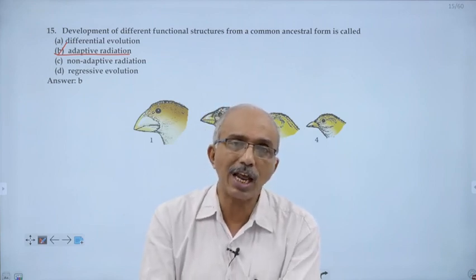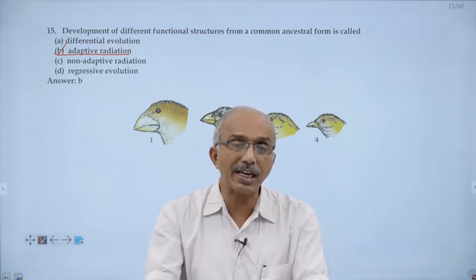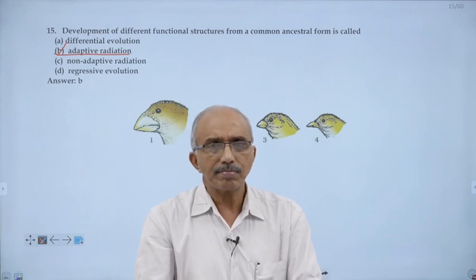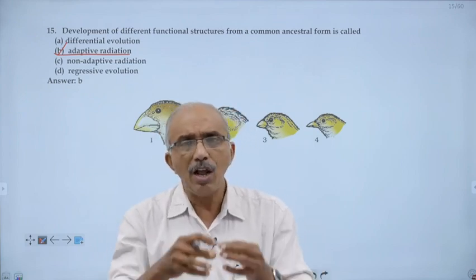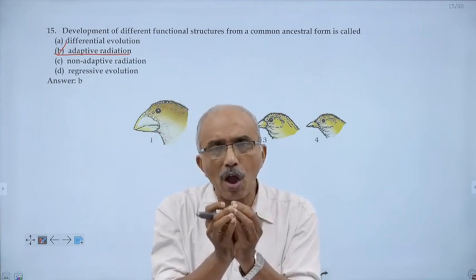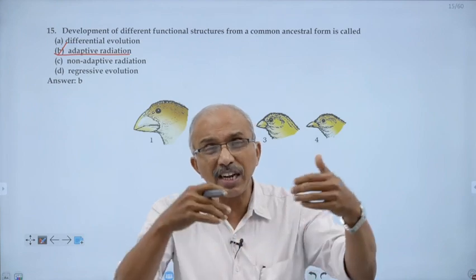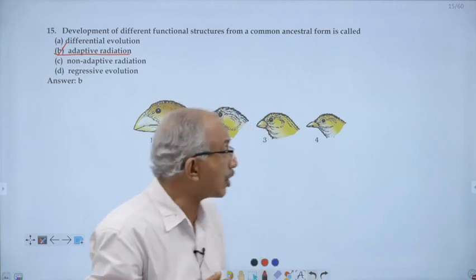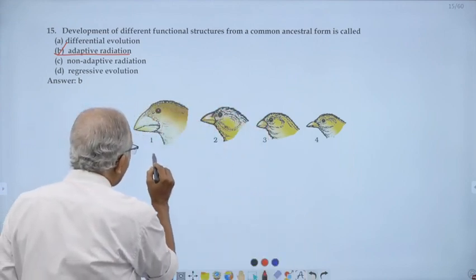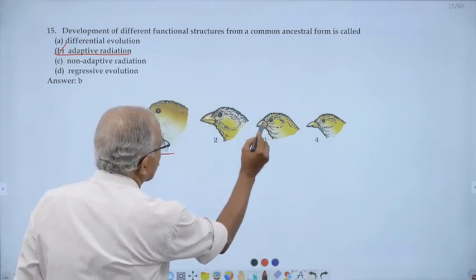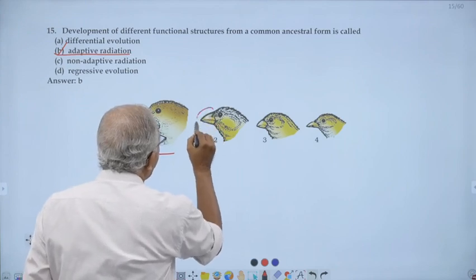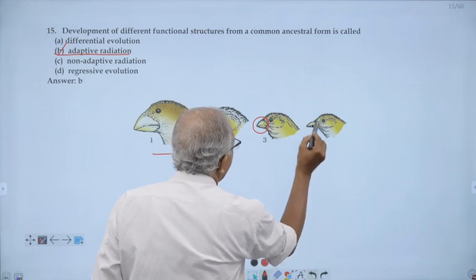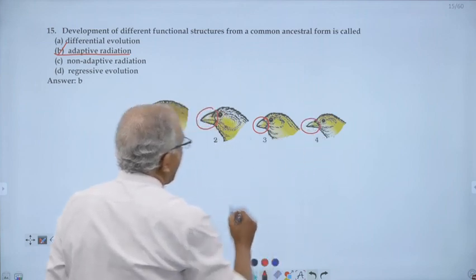The ancestral stock was seed eaters, so the beak was hard. From this common ancestral stock, different types originated, and you can notice the change in beak pattern.